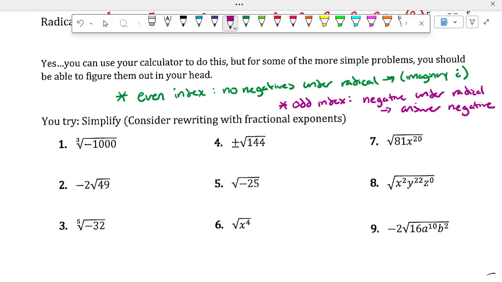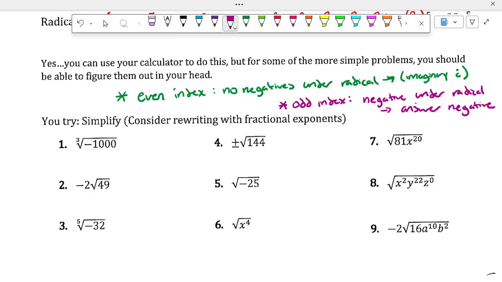So with odd indexes, you can have a negative under the radical. Your answer is going to be negative, so it'll still be real. With an even index, technically, if you have a negative under the radical, it's unreal, meaning you'd have to take an i out. Again, you won't really see that much unless it is a square root. If it's a square root with a negative under the radical, I expect you to take that i out.